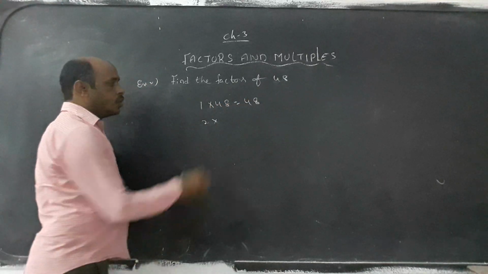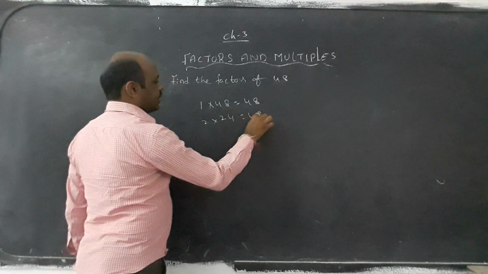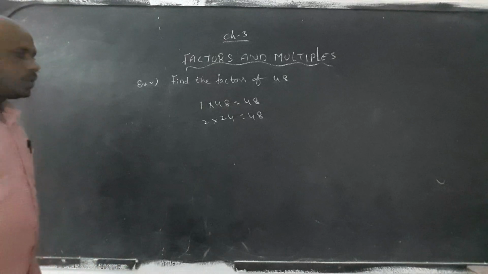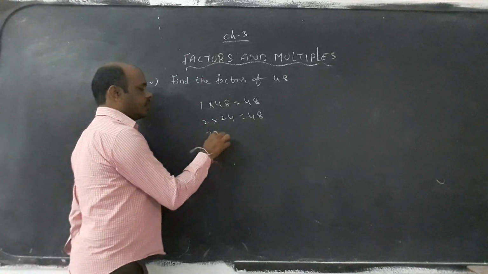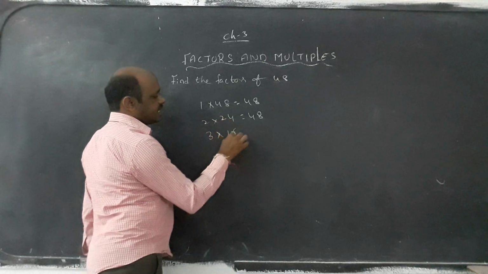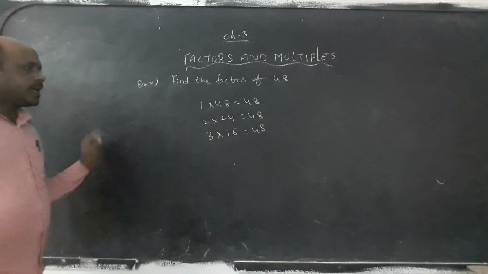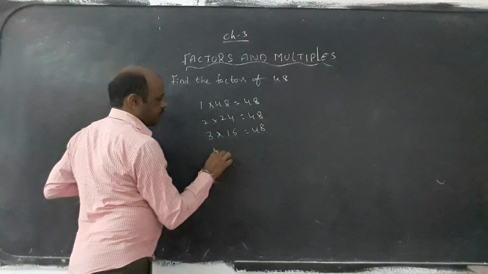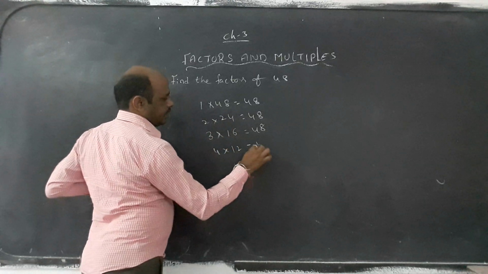How many times will 2 go? 2 2 is 4, 2 4 is 8, 2 24 is 48. Next, the 3 table will go. 3 1 is 3, 3 16 is 48. Okay. Next, the 4 table will go. 4 1 is 4, 4 2 is 8, 4 12 is 48.